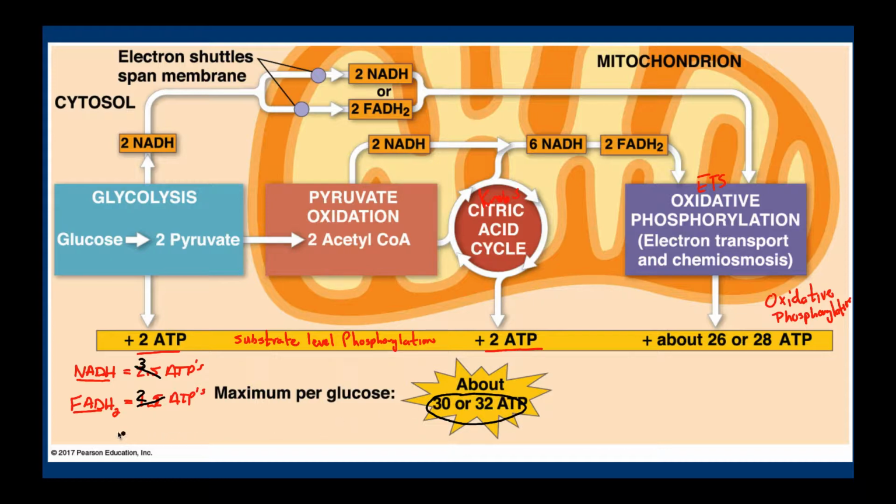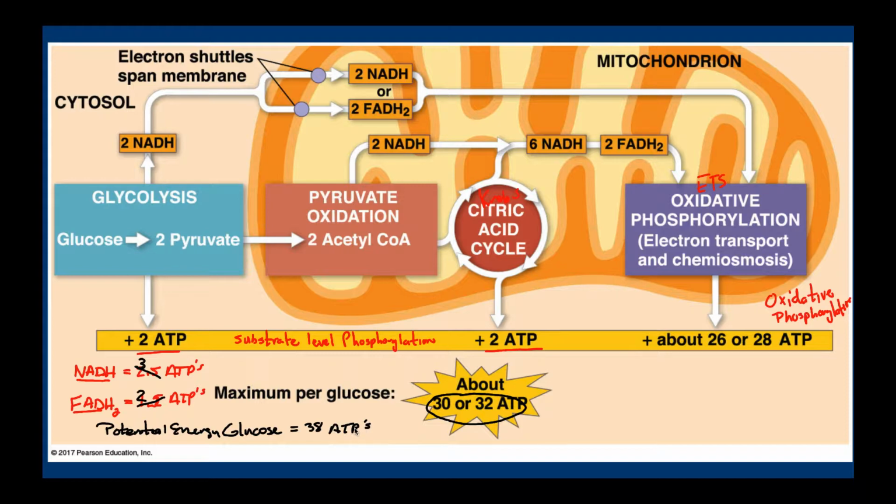If we looked at what is the potential energy of a glucose molecule, if everything was working as efficiently as possible, we could probably get 38 ATPs out of it.